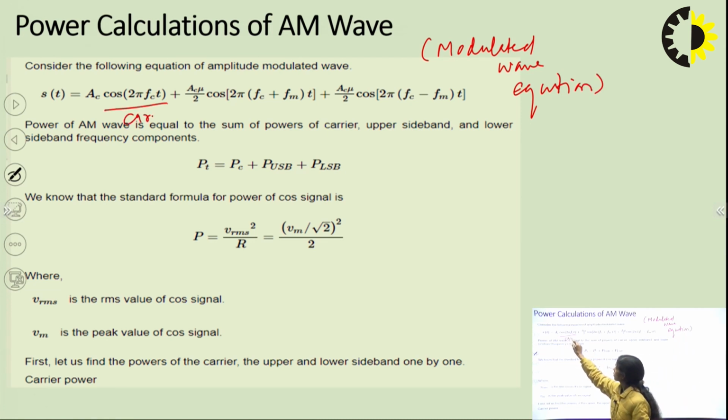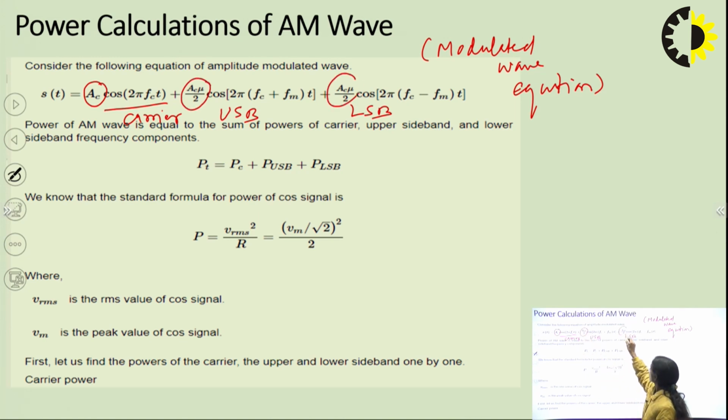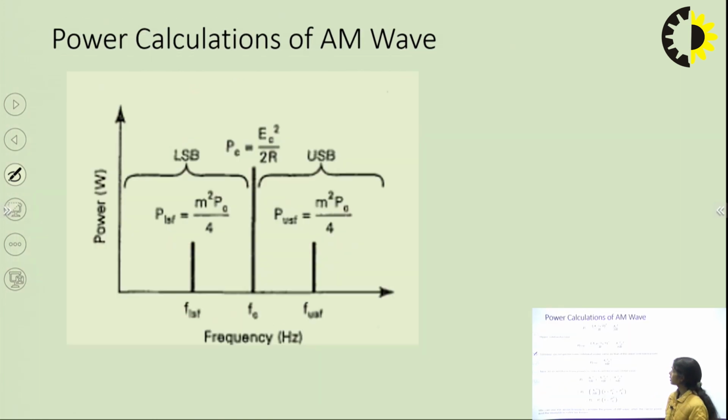This is the carrier part, this is the upper sideband, this is the lower sideband, and these are the amplitudes of the carrier part, the upper sideband, and the lower sideband. This can be best represented in the form of a frequency spectrum like this.